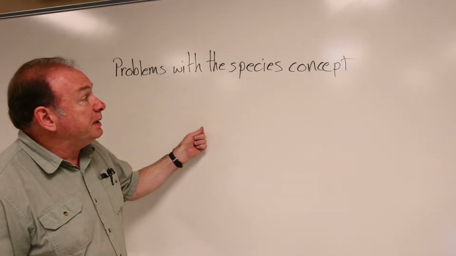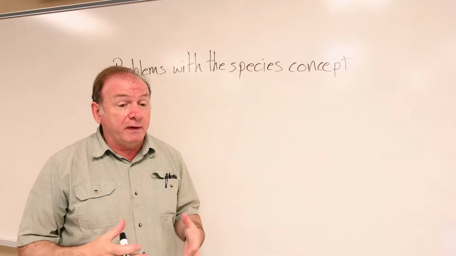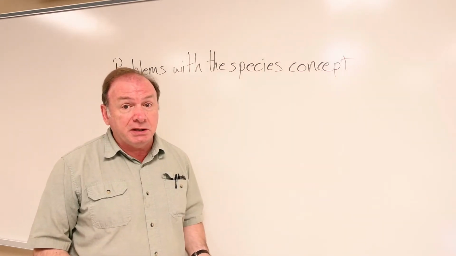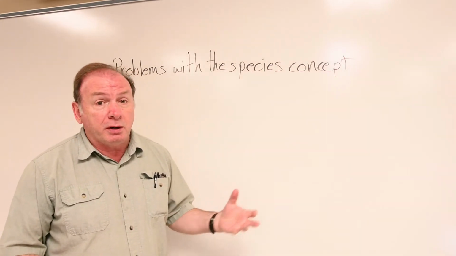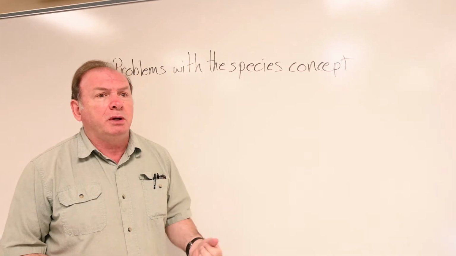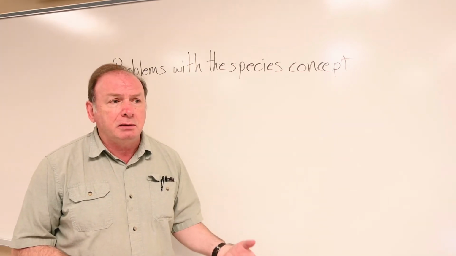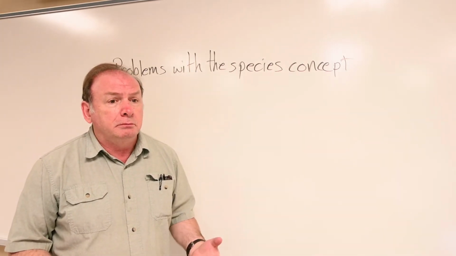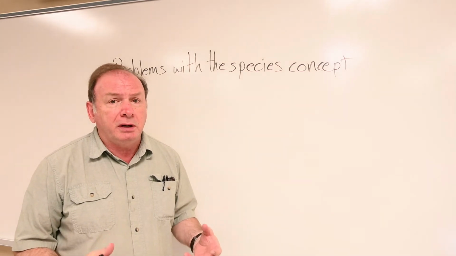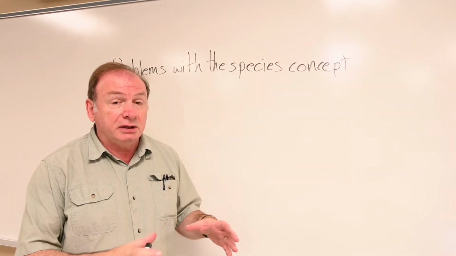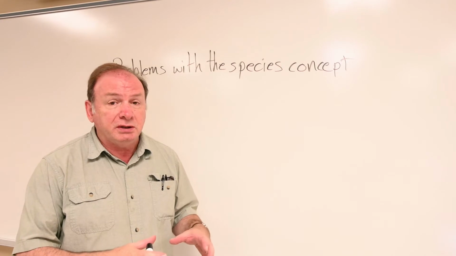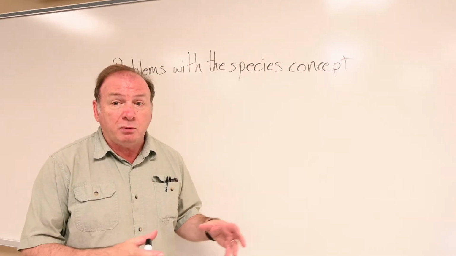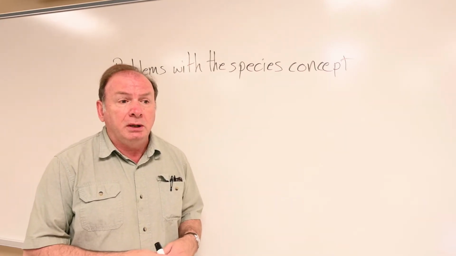Okay, problems with the species concept. Most of us have a fairly good idea of what a species is. We know what a robin is when we see a robin. We know what a tiger is when we see a tiger. Most organisms we encounter in nature are easily assigned to a species without any confusion about what kind of organism it is.